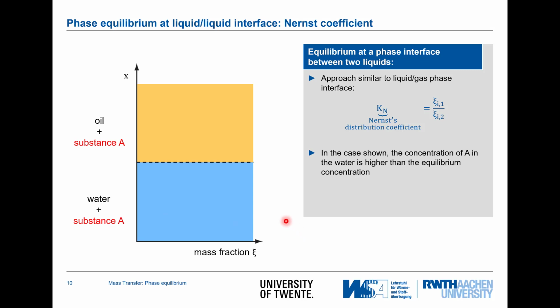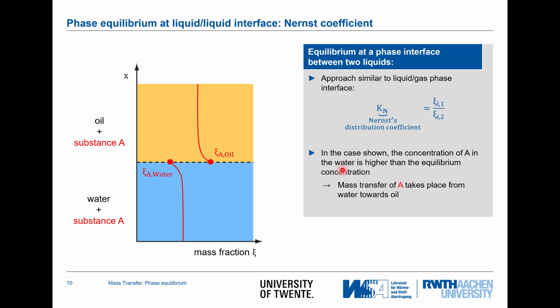And in the case that we are showing here, very similar to before where we had liquid and gas phase, if we have a higher value in the water here, we have a transport towards the surface. The Nernst distribution coefficient defines the two values here, and then we have again a transport into the oil.